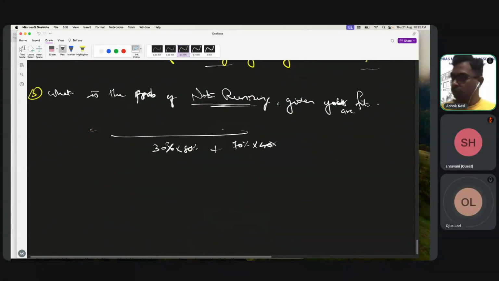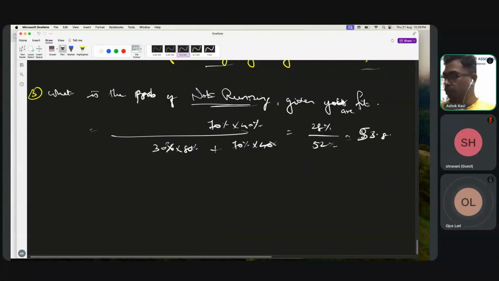The denominator is 24 plus 28, 52. How much? 0.538, so 53.8%. Okay.